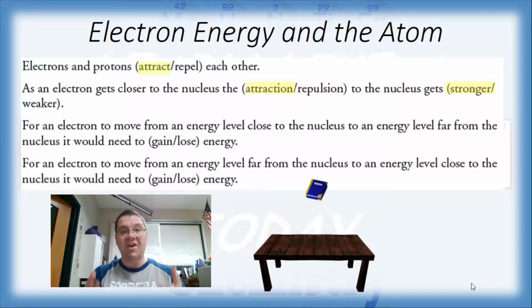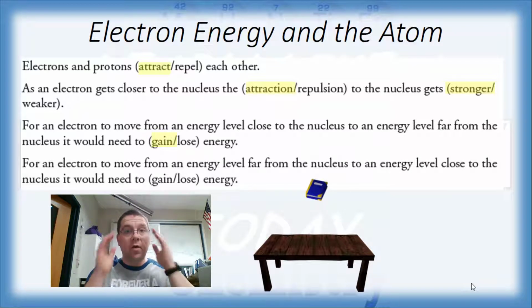We had to put energy in to apply the force to lift the book. So an electron moving from an energy level close to the nucleus to a level further away is going to require the electron to gain energy.